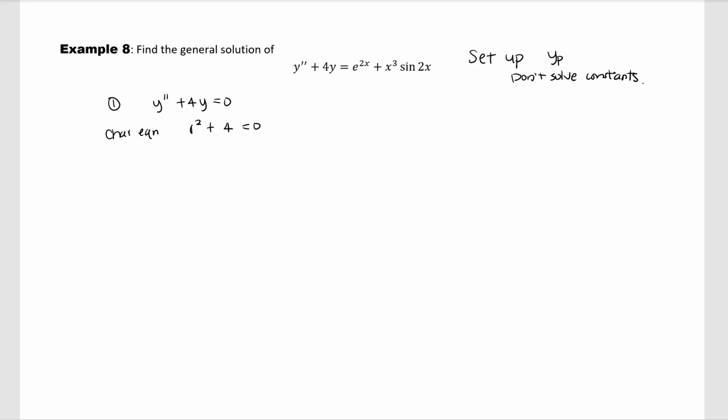Okay, so what is that? Well, this is actually a complex number. Can you see? It's plus or minus 2i. So what is the corresponding solution for it? The real part is 0, so you only have a sine and cosine term: cosine 2x and sine 2x.